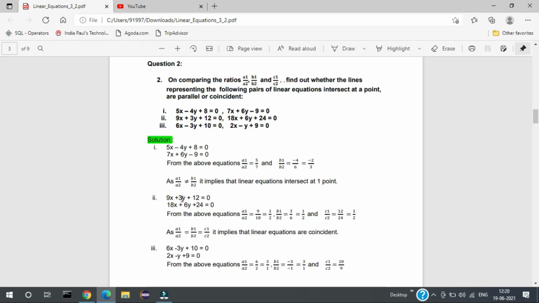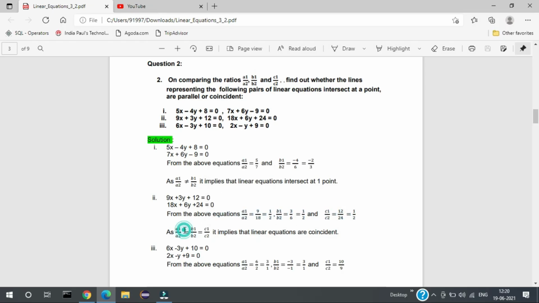Second one, 9x plus 3y plus 12 equals 0, 18x plus 6y plus 24 equals 0. From the above equations, a1 by a2 equals 9 by 18, b1 by b2 equals 3 by 6 and c1 by c2 equals 12 by 24.